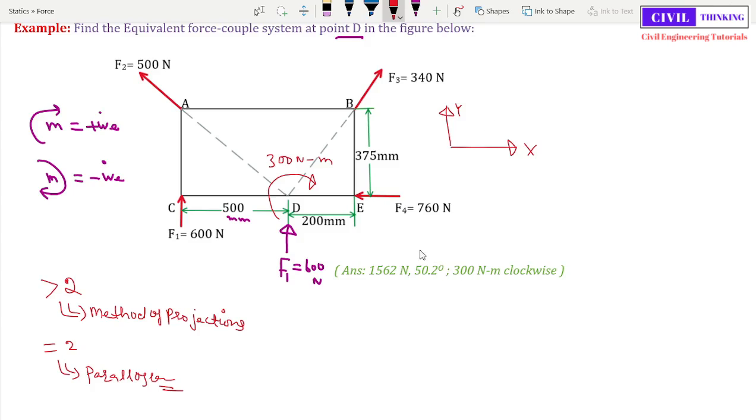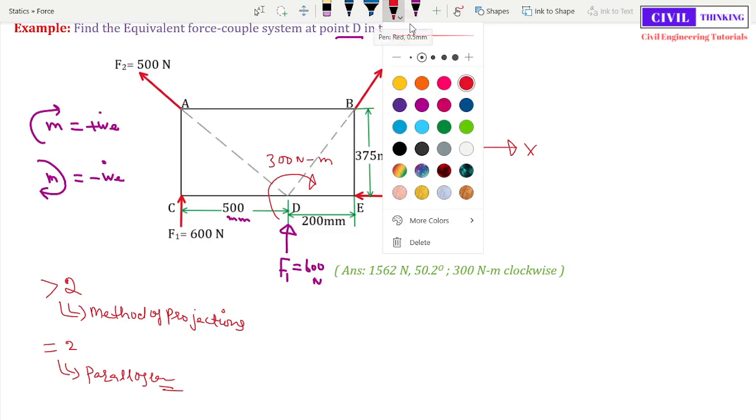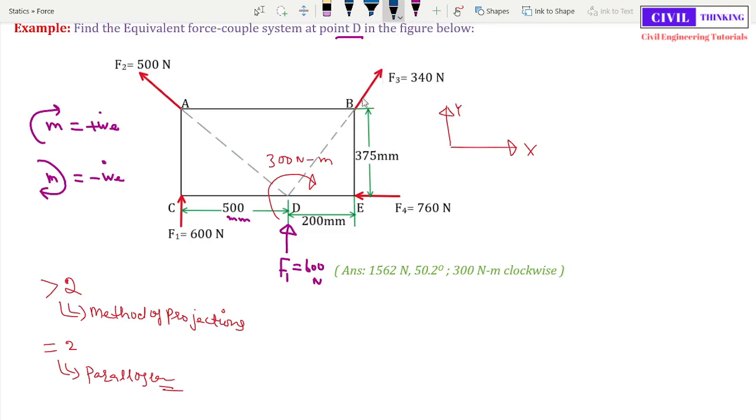So let us first resolve each force into x and y components. Now this F3 force, let us say it is making an angle theta B here.